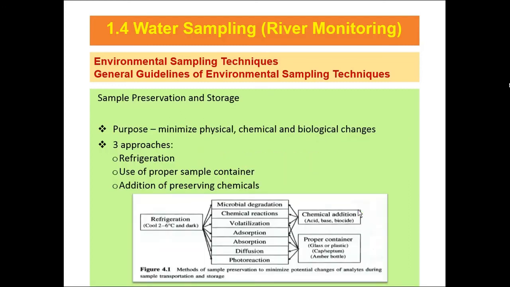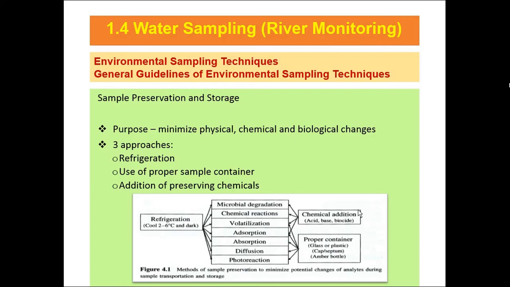After you know the volume, and then the transportation and so on, the next step is preservation and storage. The purpose is to minimize physical, chemical and biological change. We want to make sure the physical, chemical and biology of the water remain the same as at the site.